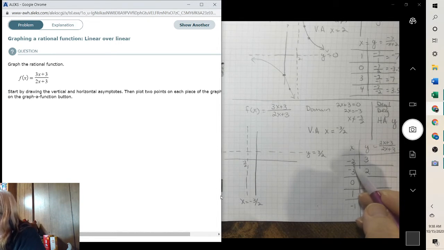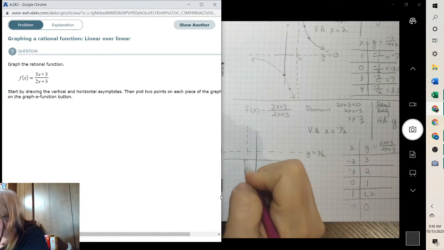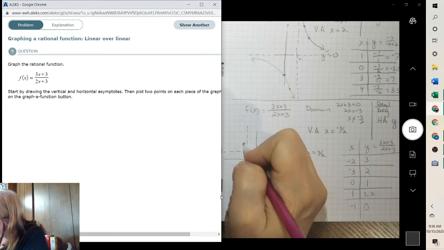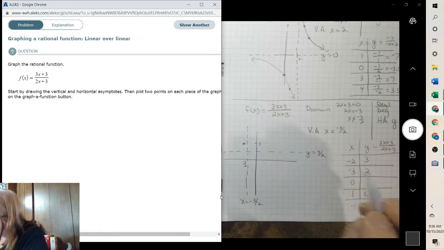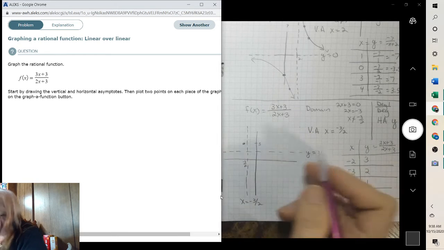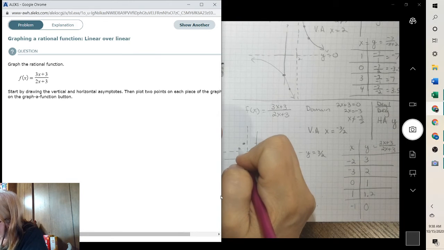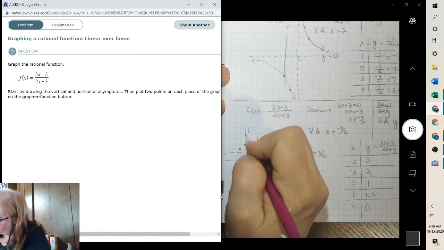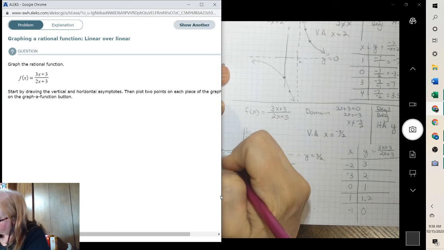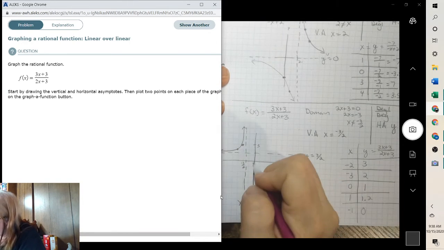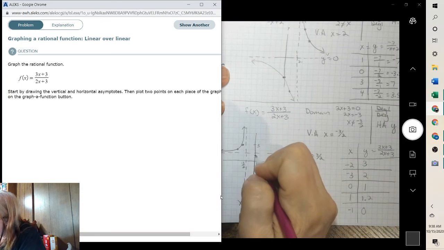So we plot -2, 3, here, and -3, 2, here. So it's going like this. The other side we have 0, 1.